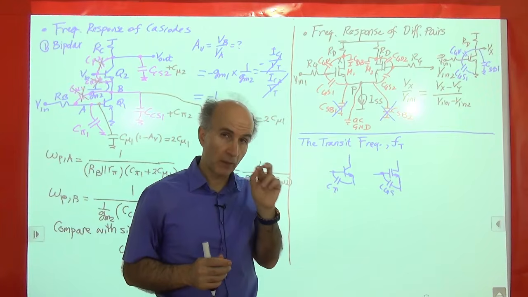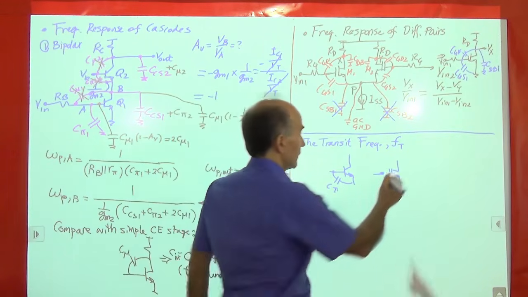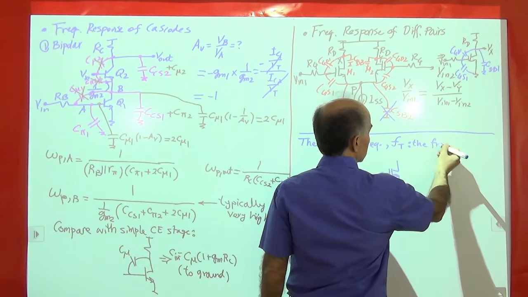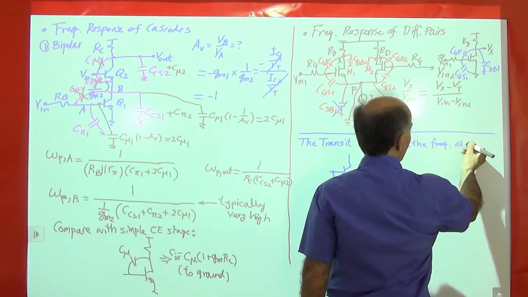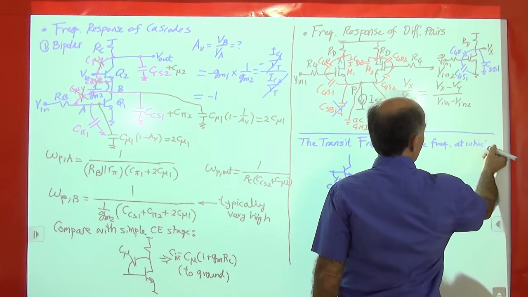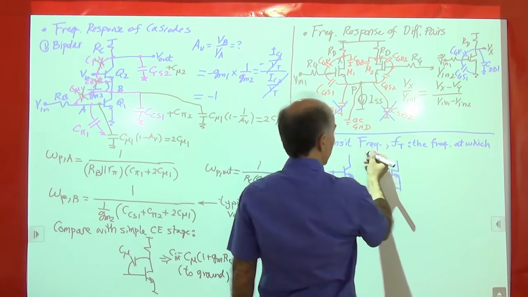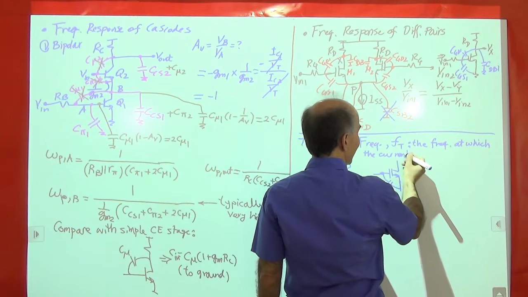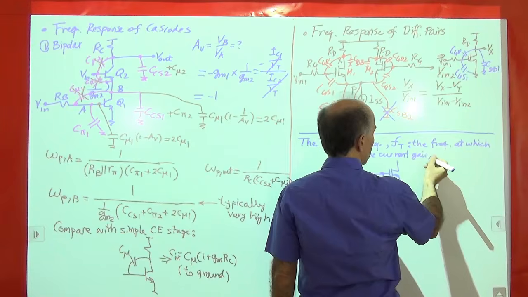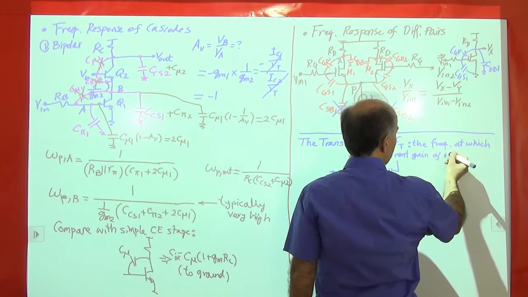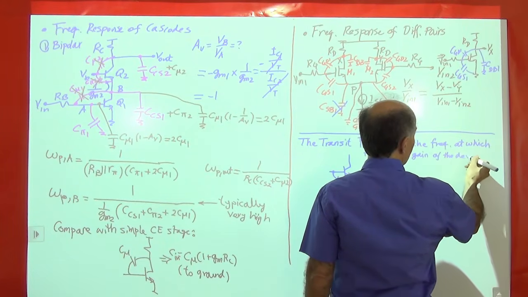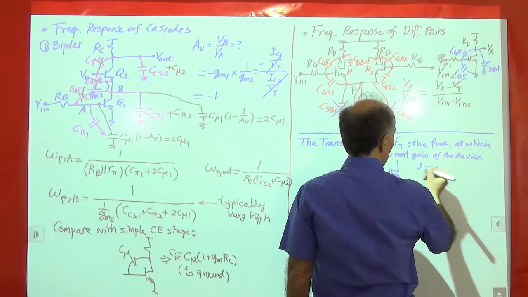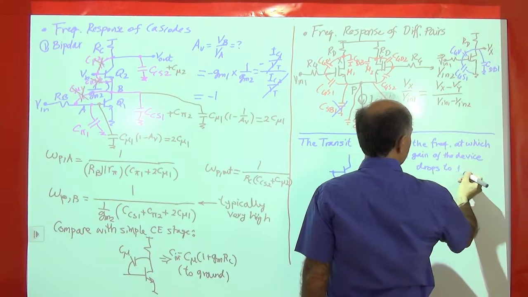So let me define what we mean by the FT. This is the frequency at which the current gain of the device drops to 1.